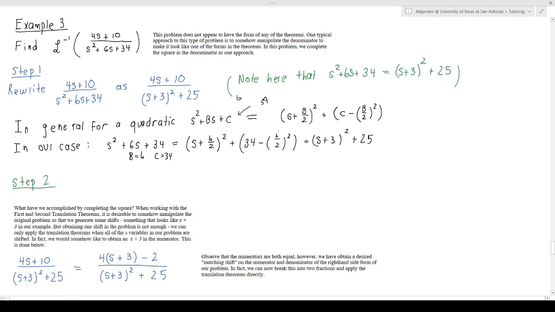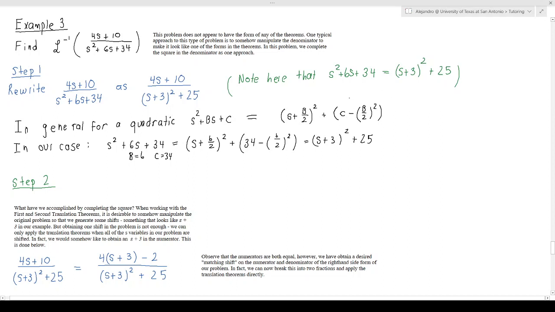We can rewrite it as s plus b over 2 squared, which we've done because b is 6, so that's s plus 6 over 2 squared, that's s plus 3 squared. And then we have c minus b over 2 squared for this other term.